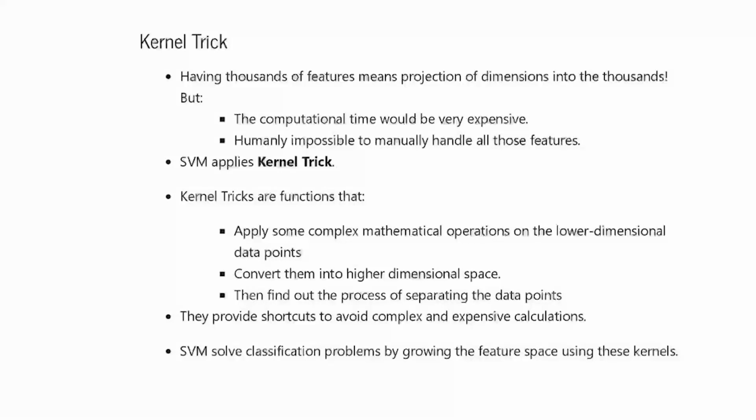As we have seen, higher dimensional transformation can allow us to separate data in order to make classification predictions. However, if your problem has thousands of features, then this becomes impractical because of the computational cost. The kernel trick provides a solution to this problem.